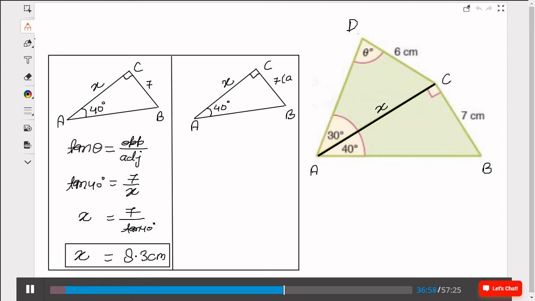Now we can apply the sine rule. According to the sine rule we have a over sine A is equal to b over sine B. If small a is 7, angle A is 40 degree, b we have to get, and this is 50 degree.